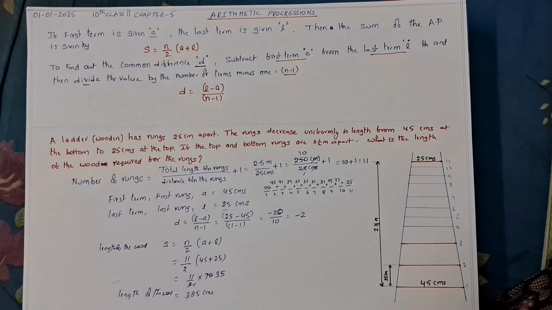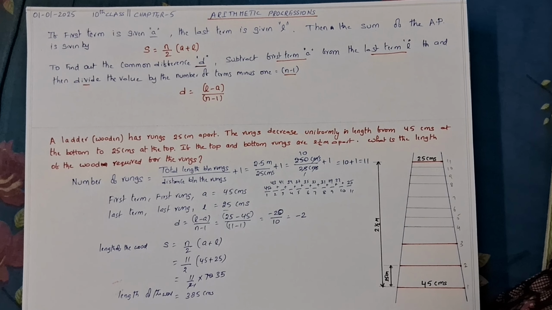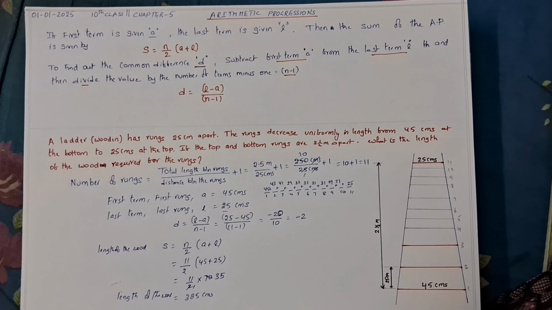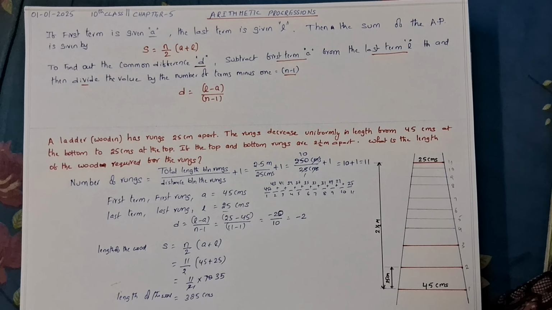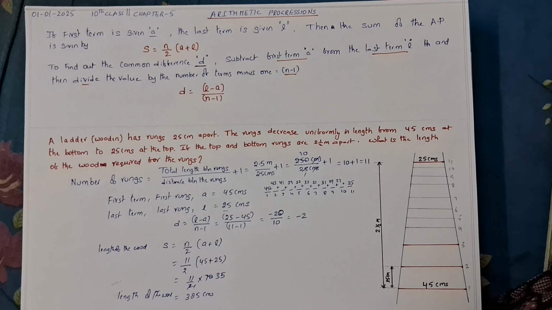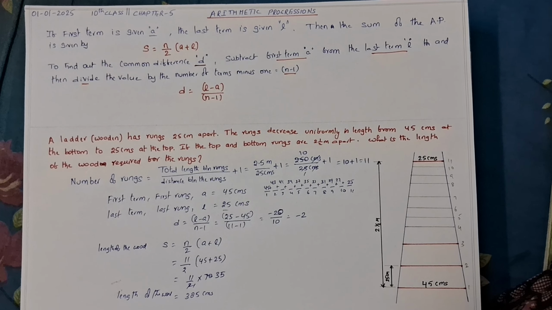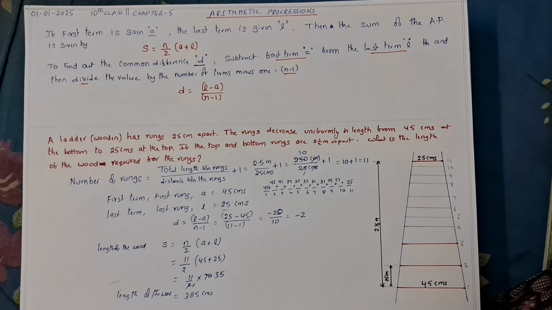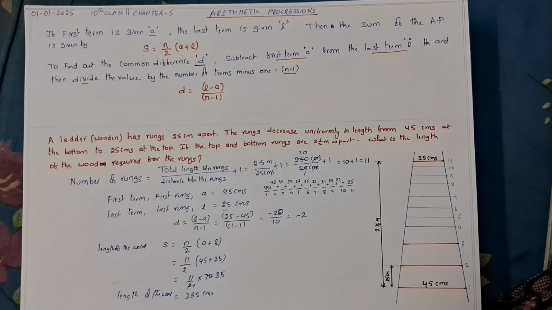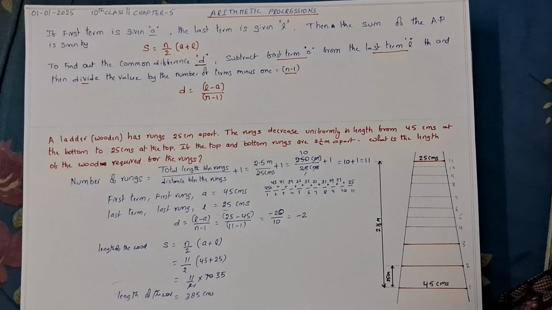That is equal to 11 by 2 into 70. 2 ones are 2, 35. That is equal to 385 centimeters. This is the length of the wood.